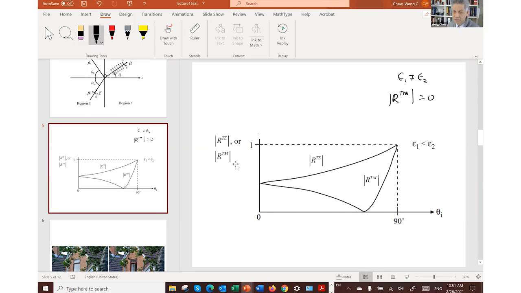And if you take the magnitude of the TM reflection coefficient, it is always lower than the reflection coefficient of the TE polarization. This actually gives rise to something very interesting. If you have sunlight coming in at you, the sunlight is randomly polarized.